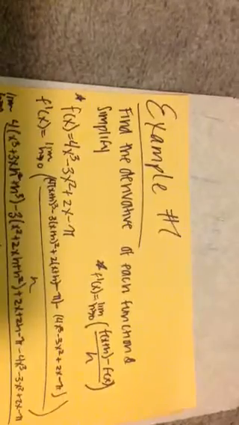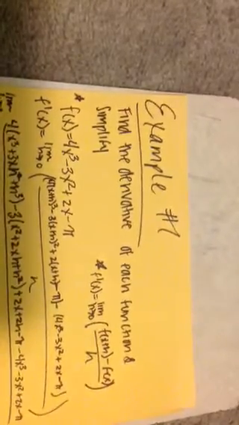And next we have our first example, which is find the derivative of each function and simplify. So it's important to note that we're going to be using the differentiation from first principles equation. So our equation that we're going to be solving is f of x is equal to 4x cubed minus 3x squared plus 2x minus pi.